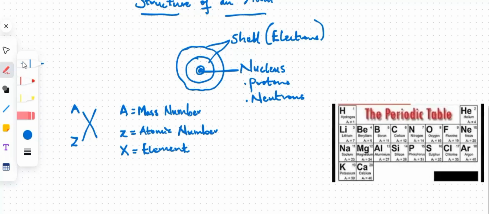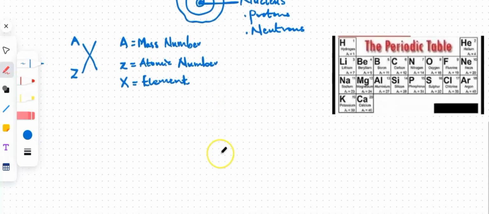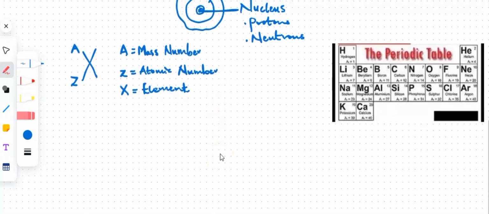The knowledge of electrons, protons, and neutrons will help us understand mass number, atomic number, and element. Let's start with atomic number. Atomic number is the number of protons in an element, as simple as that.